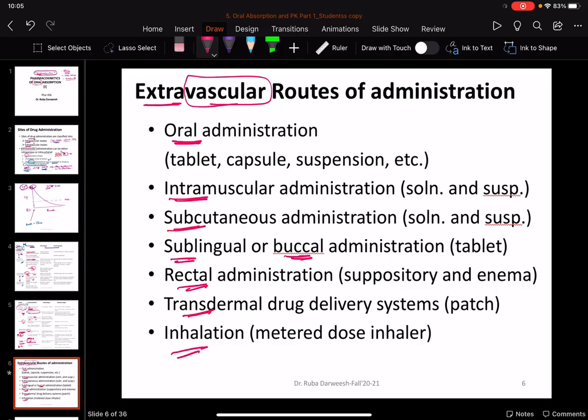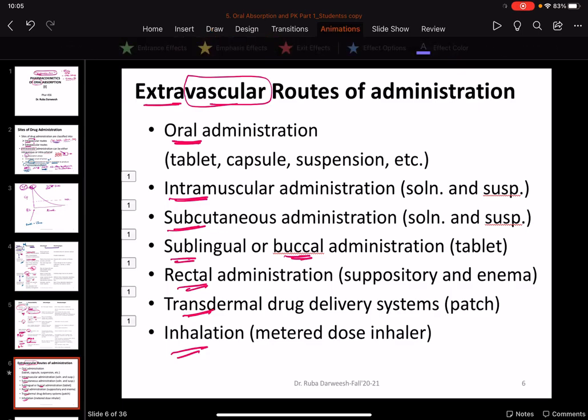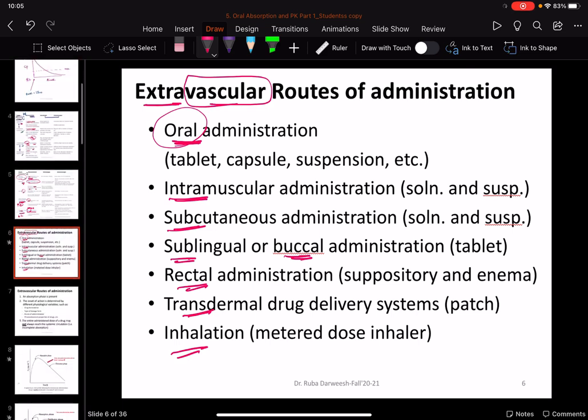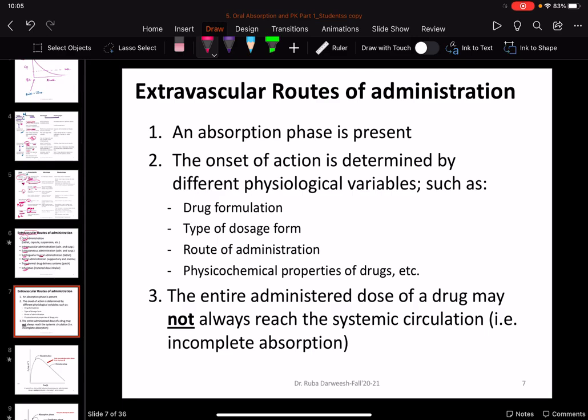It would be the same. We can deal with it whatever the route of administration, we are just having different routes of administration. But you will have more emphasis on the oral route of administration. So we will talk a little bit more about oral, but it's valid for any other extravascular route.